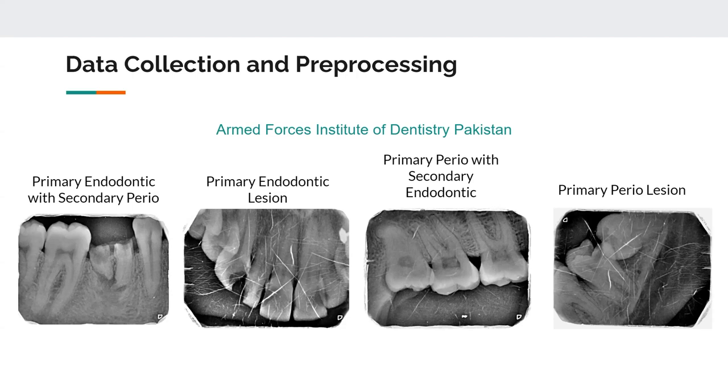These X-rays were labeled by radiologists and dentists to indicate the presence of very specific tooth lesions. Four of the classes are indicated here: a primary endo, a secondary perio, as you can see, a missing tooth; primary perio, meaning a very jagged, destroyed tooth; perio with more gum bacteria; and then primary perio, which has very deep, dark black bacterial infections.